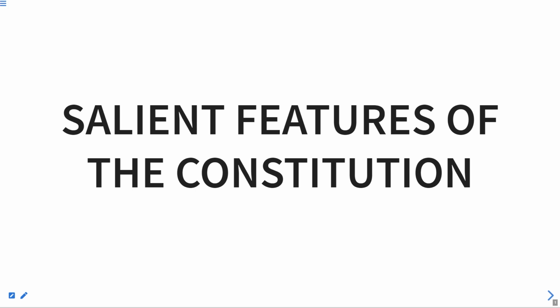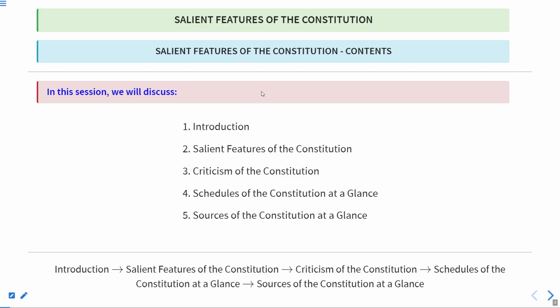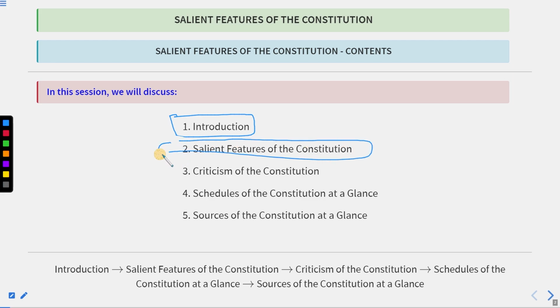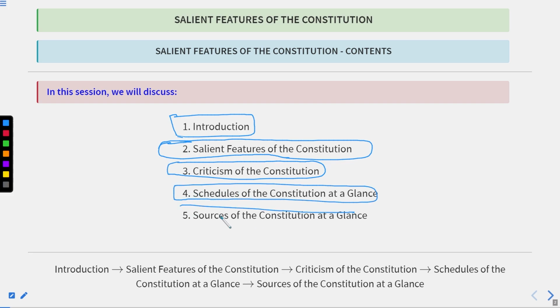So students, as we know, we are covering the salient features of the constitution, and these are the topics we have scheduled for discussion under this series: the introduction, the salient features of the constitution, the criticism of the constitution, the schedules of the constitution at a glance, and the sources of the constitution at a glance.